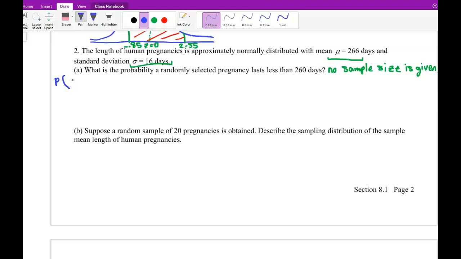So the probability of when x is less than 260, because here we have less than. We use this one. I'm not using x bar because here we don't have a sample size.